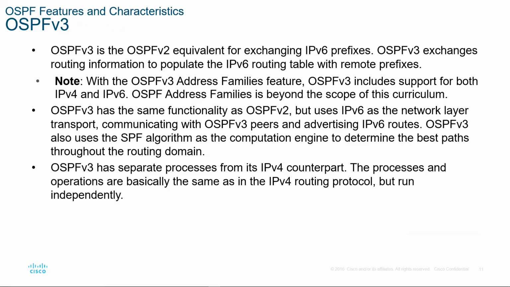And it also changed the way the networks were incorporated into the protocol. So there are some changes, but those changes have also now been incorporated into OSPF version 2 so that they are compatible moving forward.